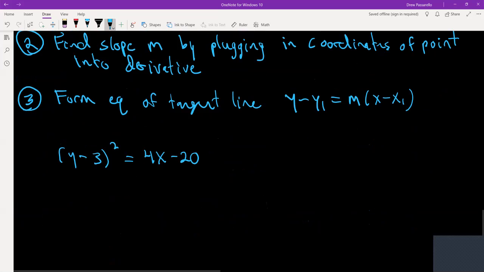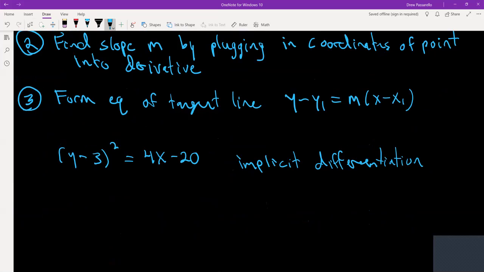Now you could expand the (y minus 3) squared. I'm just going to apply the chain rule, and now I just take the derivative. I'm going to use implicit differentiation. And so I take the derivative with respect to x of both sides. That's the first thing.